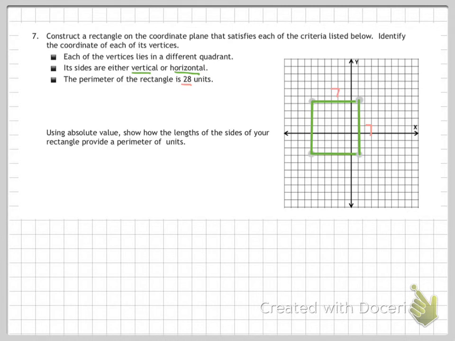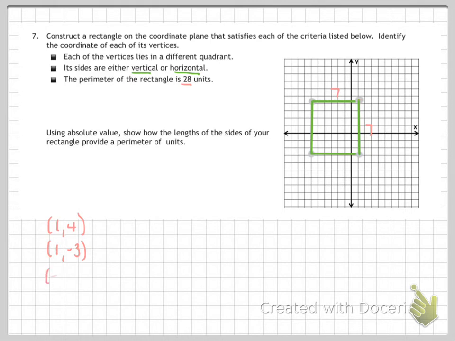So now I need the vertices. So what are these 4 points? So I'm going to write them down here. Let's do this one first. 1 to the right and 4 up. So that's the point (1, 4). And I've got 1 to the right and 3 down. So that's the point (1, -3). And then I'm going to go left 6 and up 4.